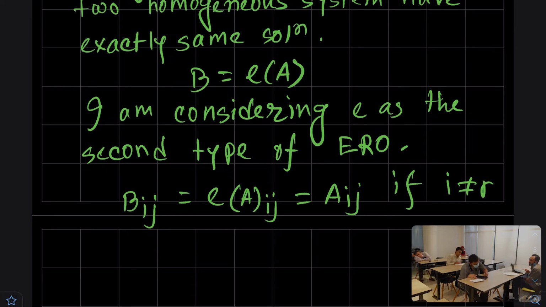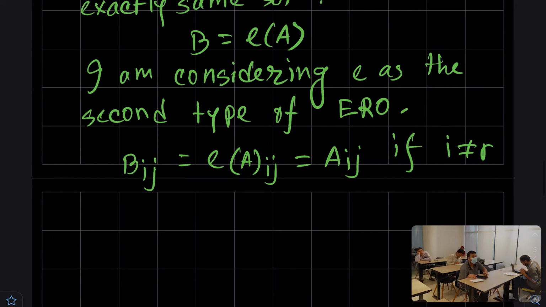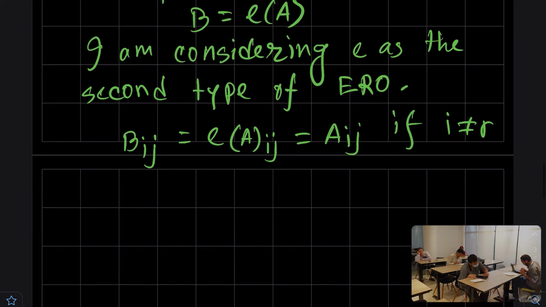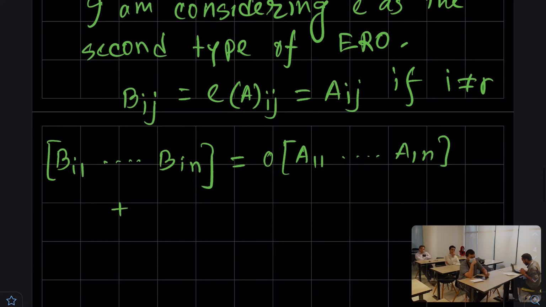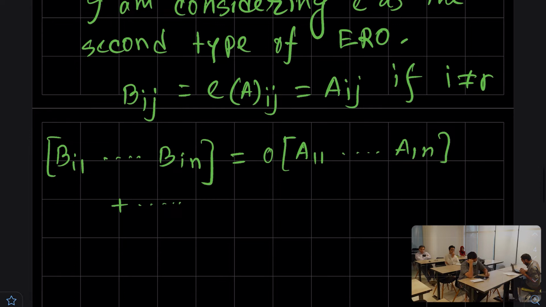This was the second elementary row operation. And for row i, Bi1 to Bin, this is 0 times A11 to A1n plus 1 times Ai1.